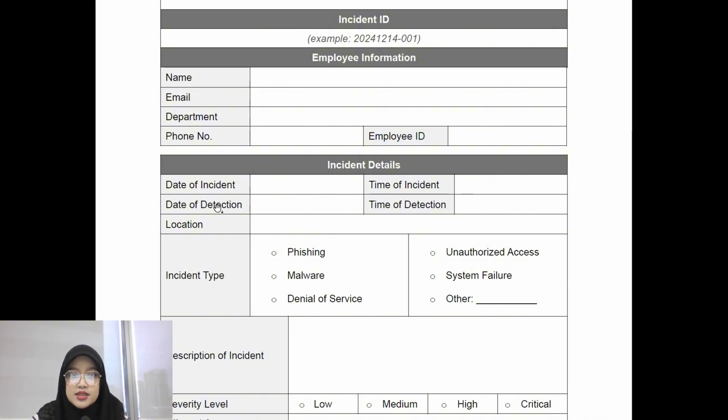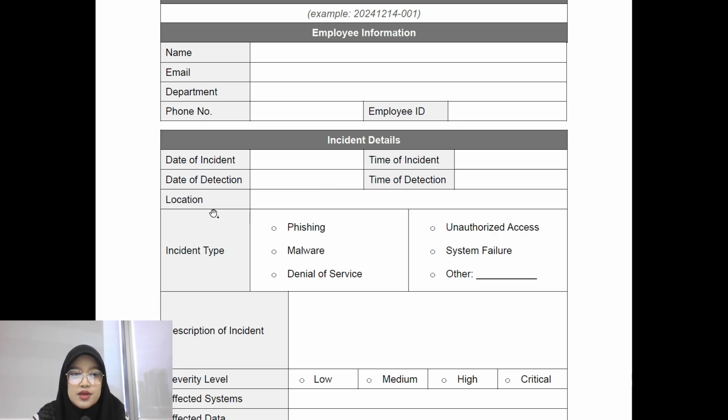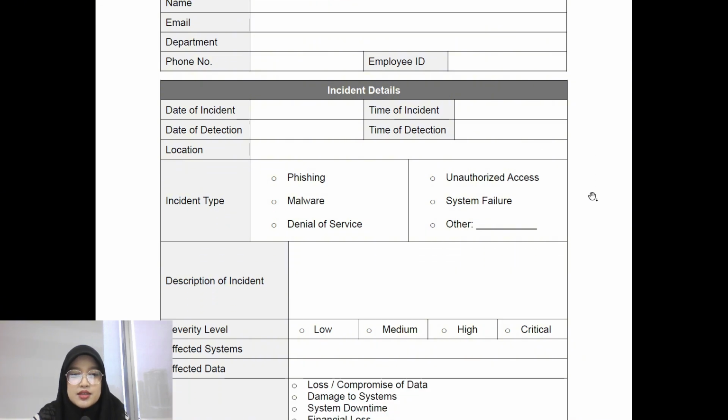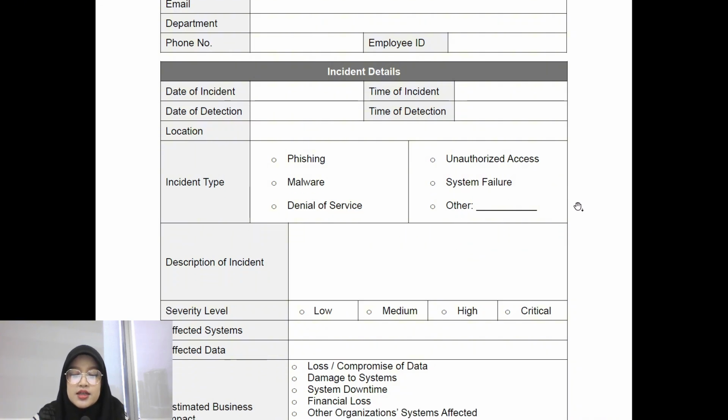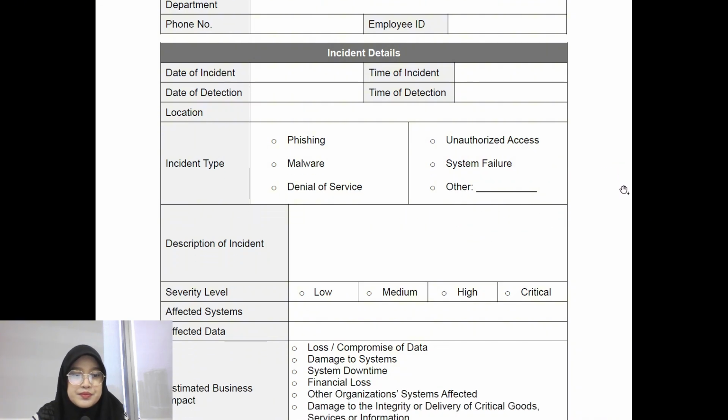Also the date of detection and time of detection. Also we have the location where the incident happened, and next is incident type. We have phishing, malware, denial of service, unauthorized access, system failure, or other incident that they face.